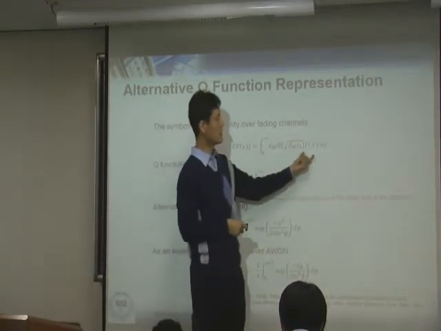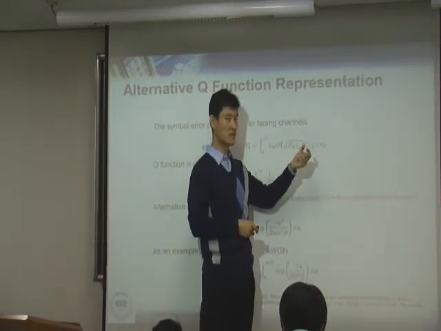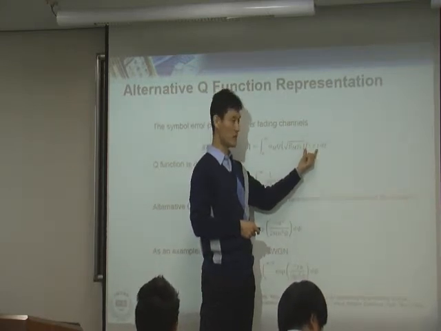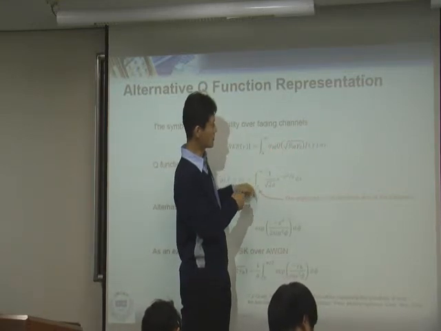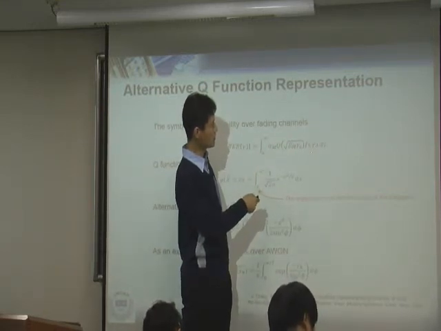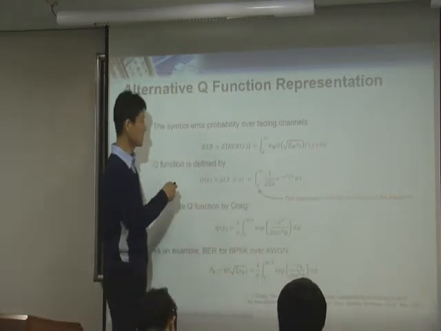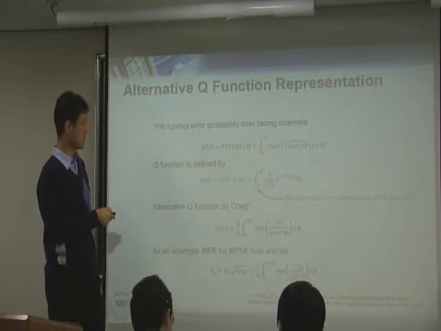Okay, and this f of gamma, the PDF, depends on your system. If you use MRC or another system, you have a different f of gamma. This part depends on the modulation you use. This part depends on your system. Okay, so you put that together, then you finally get the BER or symbol error rate.